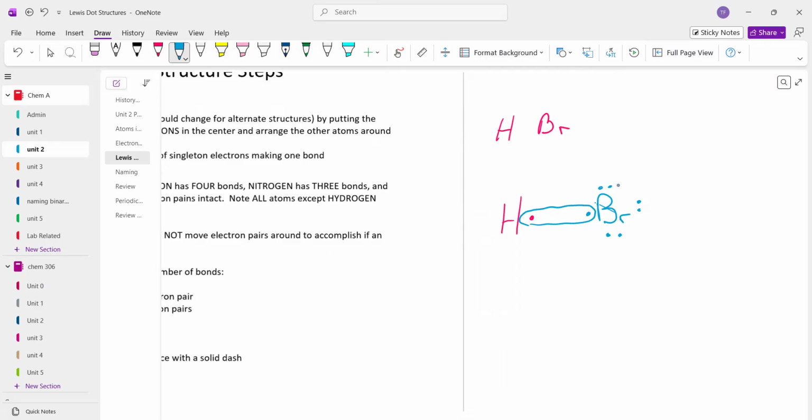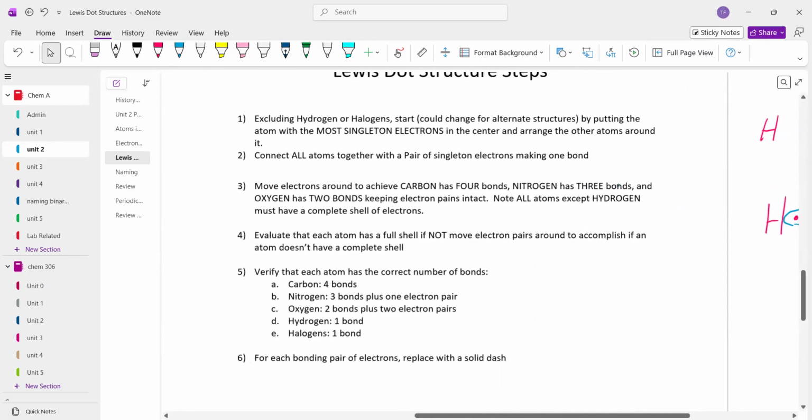Now, there are rules for Lewis structures that you need to follow. Now, these rules on number 5 here, verify each has the correct number of bonds. Okay, and this correlates directly from the number of singletons per atom.